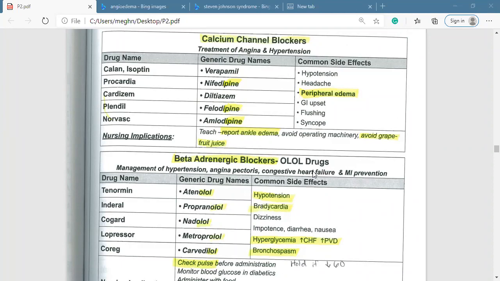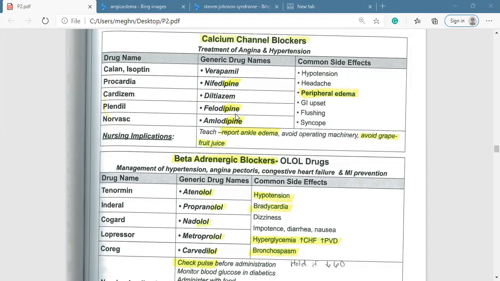So the names of the medications in calcium channel blocker, most of them end in pine, P-I-N-E, except verapamil and diltiazem.